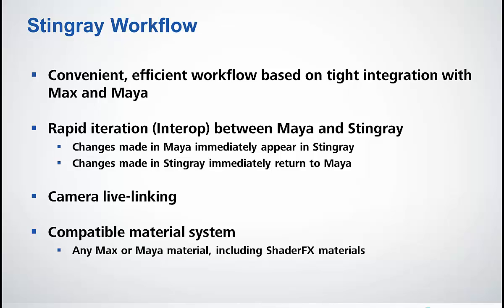What we've also got is other things like live camera linking, so we can make or move a camera in Maya, for instance, and then we can see that live camera move in Stingray. Another thing we can do is make changes to models in Stingray, and those changes actually happen in Maya or Max.